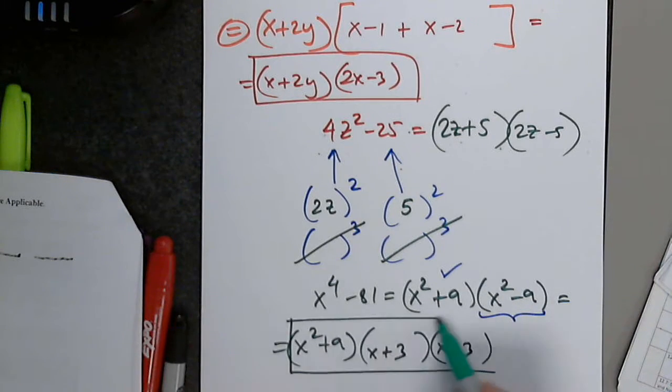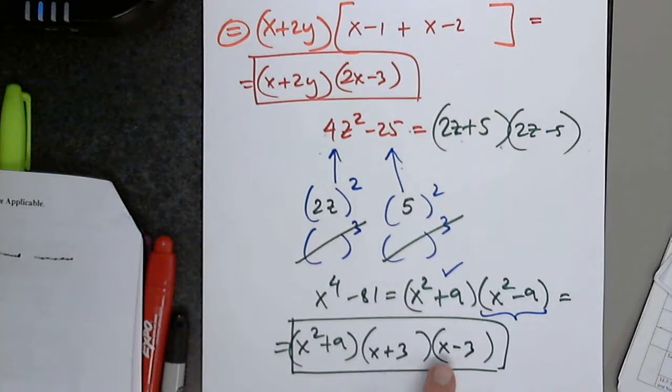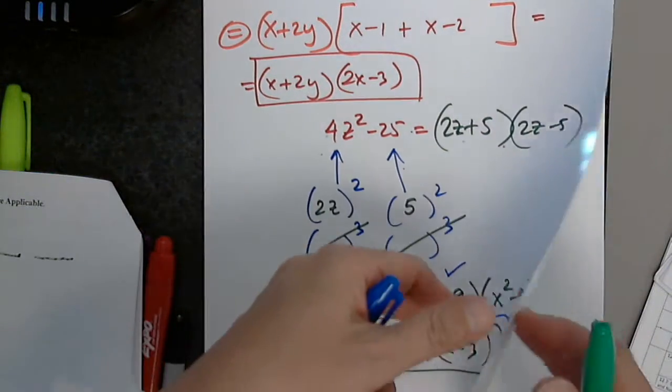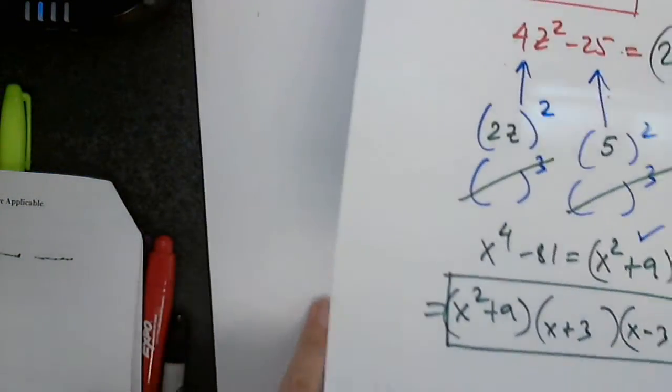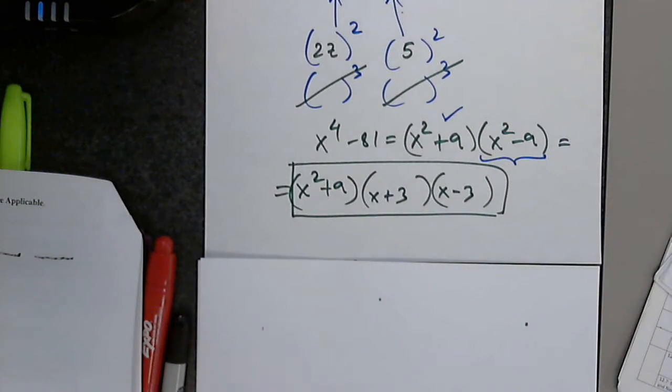So whenever I'm asked to factor, I have to completely factor till no factor can be further factored. Linear factors, degree 1, cannot be factored unless they have a common factor, like a number. But there is no special product. Good. Let's move on. Y cubed plus 8.